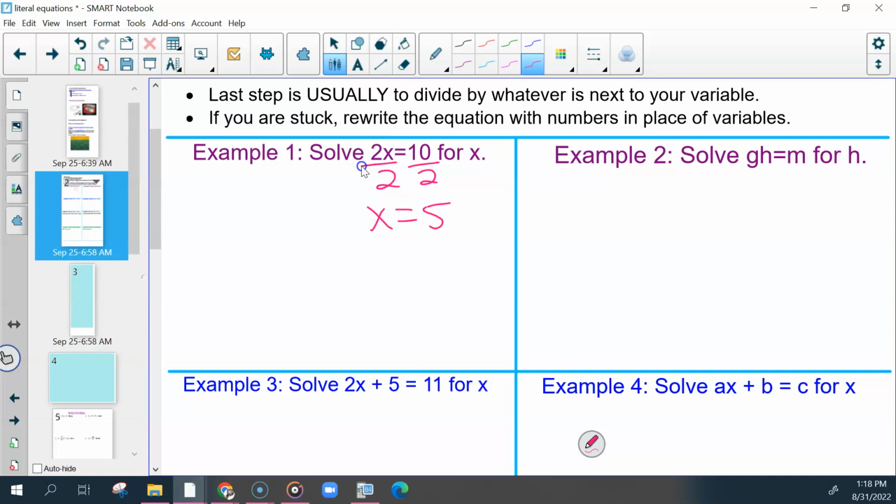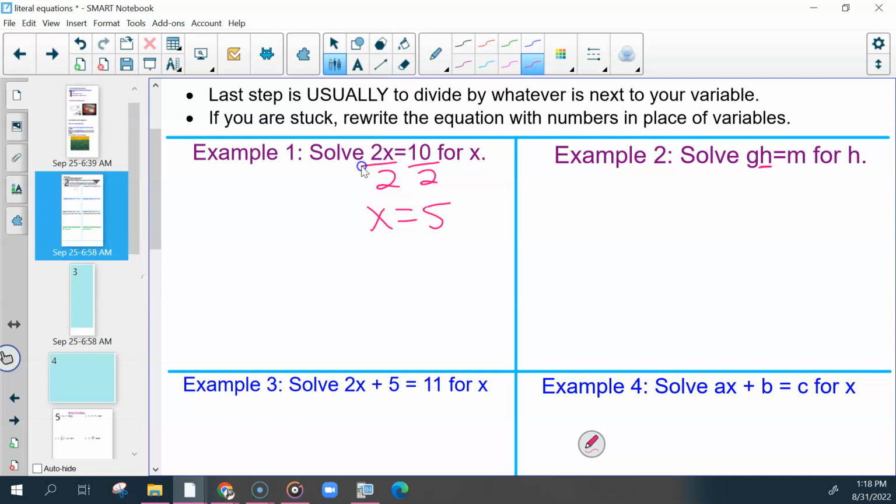But now in example 2, we have something similar. It's set up the same way, but we have only variables. So if we were trying to get h by itself, what do you think we would do? They're already being multiplied.